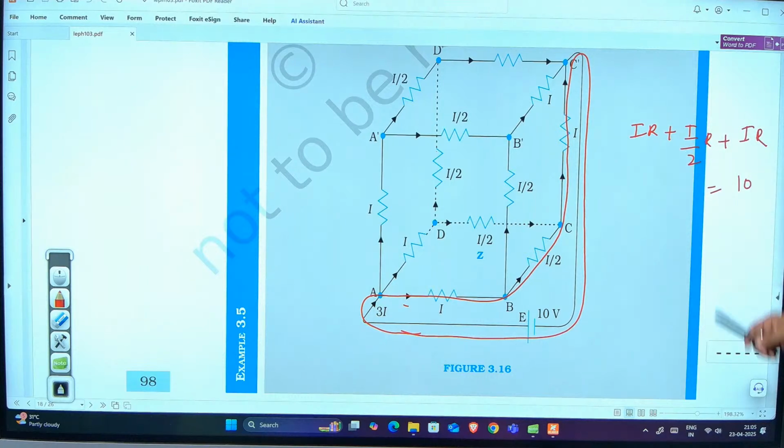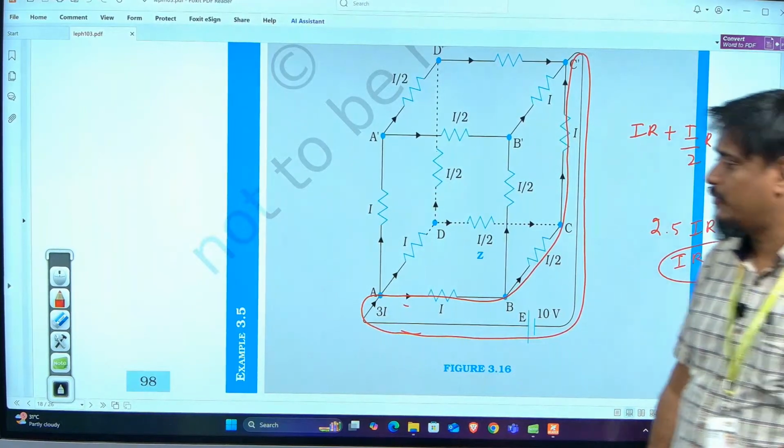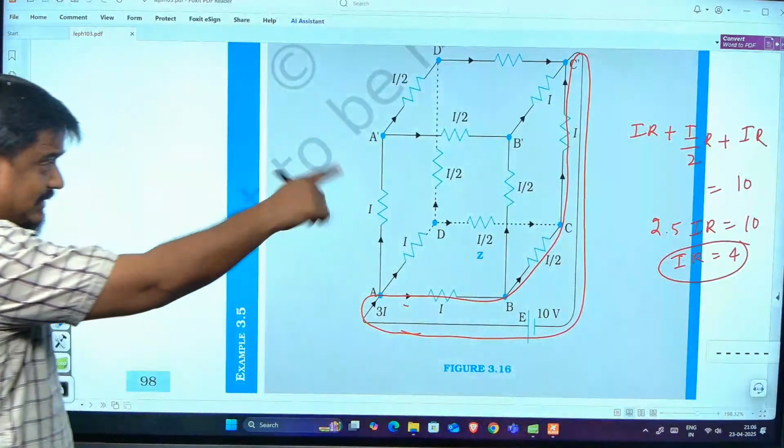So what will happen here? IR plus IR will become 2 IR, and 0.5 IR. So it will become 2.5 IR is equal to 10. So IR will become equal to 4. Remember this, IR is equal to 4.